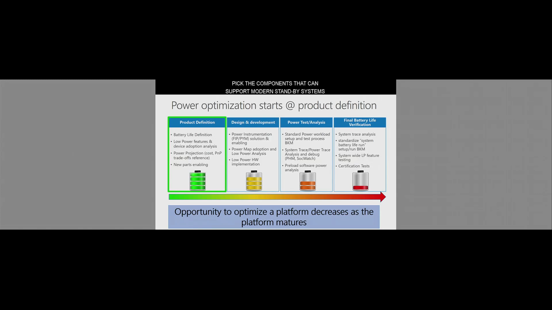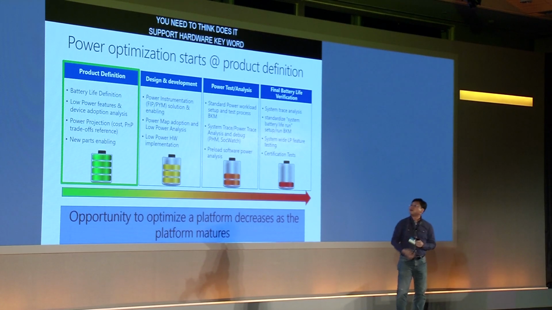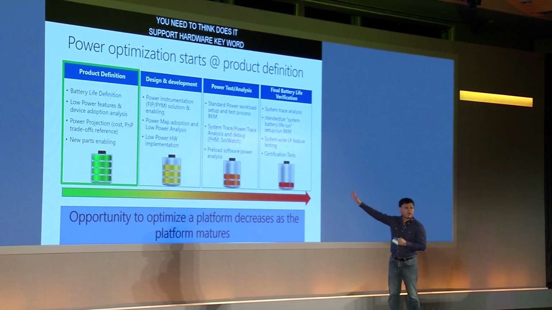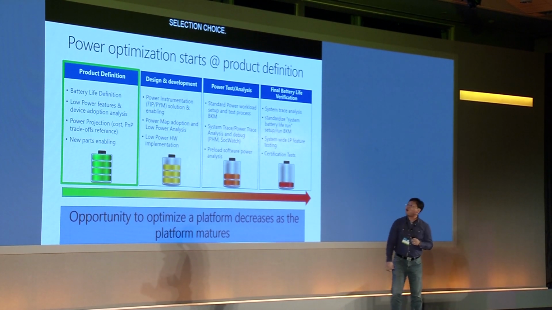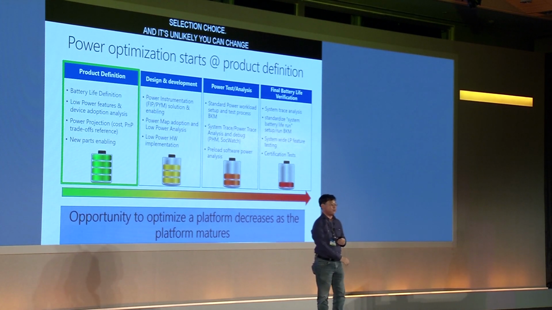So does it support modern standby? That is the question you need to think of. Does it support hardware keyword spotter? This is all about BOM selection choice, and it is very unlikely you are able to change your BOM at a later stage. So all are decided right here, at product definition.